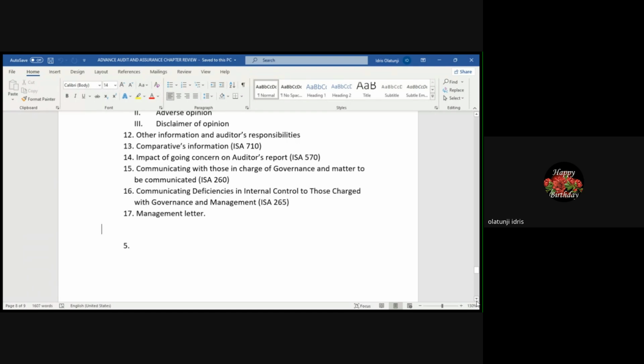Yes, sir. Now, assurance engagement. That one relates to audit of financial statements, but not audit per se. An assurance engagement is given to you by the principal. Who are the principal? The principal is the people in charge of governance in an organization.